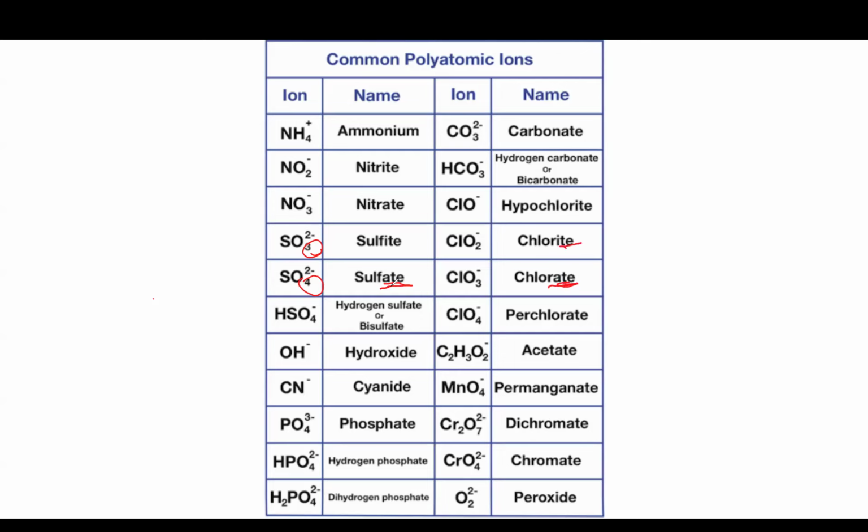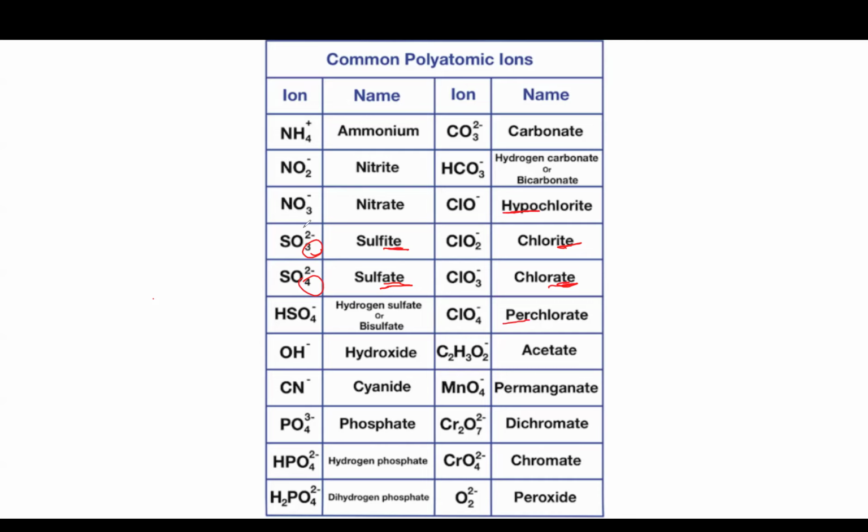And then ite is one less than what the base has, one less oxygen. So if the base has 4, the ite version has 3. Same charge, but different number of oxygens. Same thing. Ate has 3, the ite has 2. Hypo has 2 less than the base, and per has 1 more than the base.